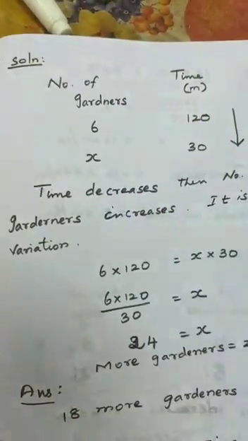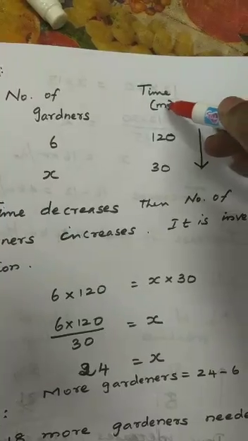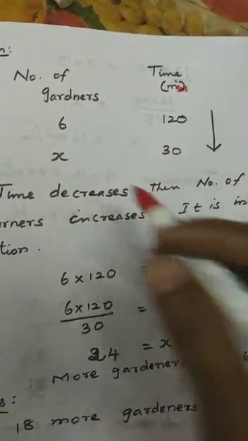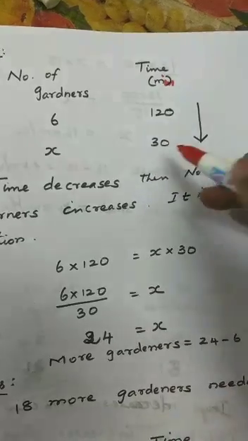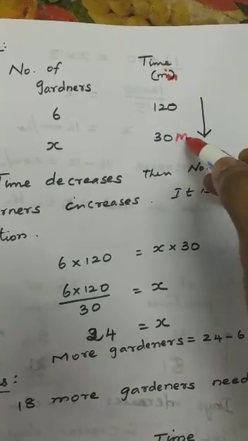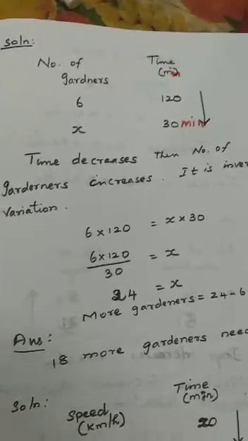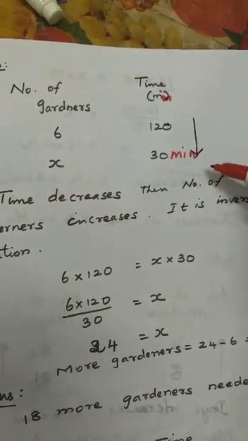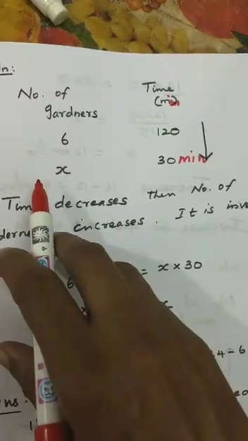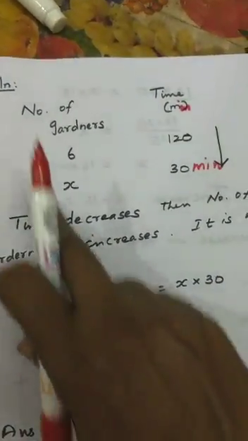Number of gardeners, then time in minutes. 6 gardeners take 120 minutes. Then for 30 minutes, how many gardeners do we need? So the time decreases, the gardeners must increase.